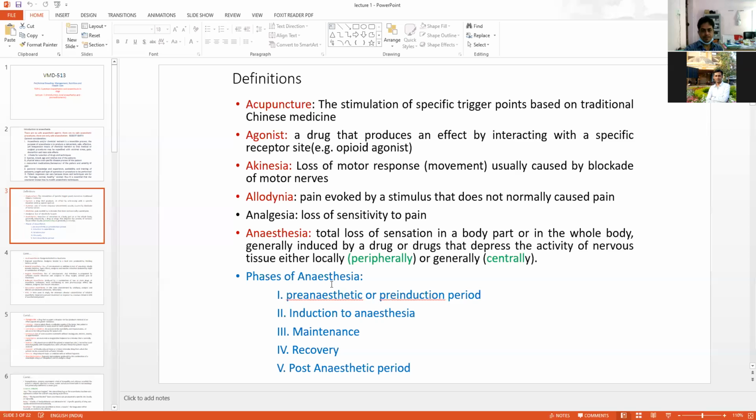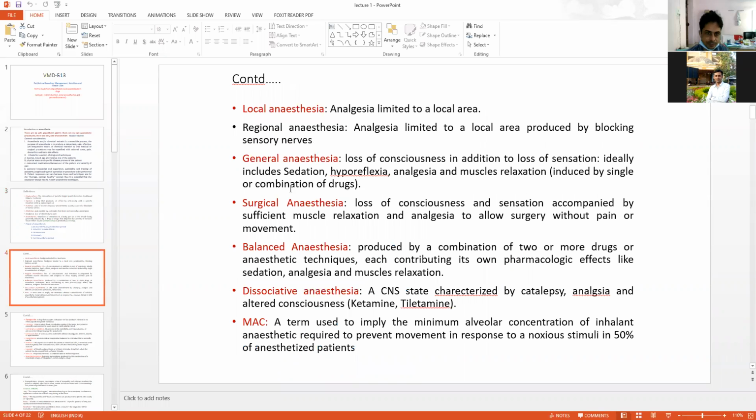Maintenance of anesthesia, you can maintain either by intravenous anesthetics or by inhalant anesthetics. The procedure depends upon the condition of the animal and the surgical procedure you are going to perform. Then the next is recovery, and then post-anesthetic. These five different phases of anesthesia are very important to remember.